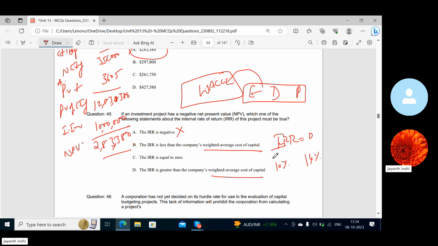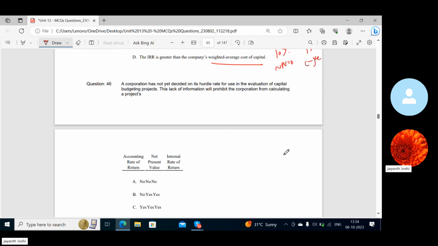At 10% my NPV is zero, so definitely at 14% my NPV will be negative. So if the investment has negative NPV, IRR is less than WACC. Is it right? Yes. Next one. Next question.